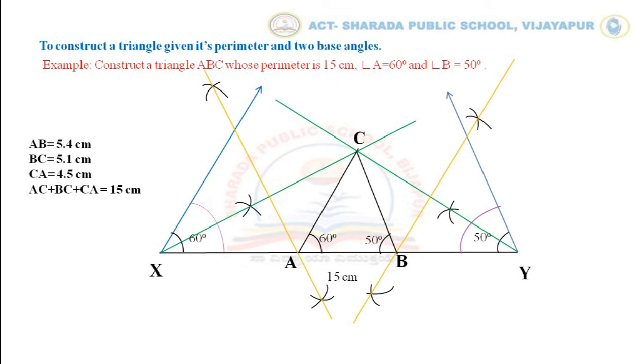In this way, we can construct a triangle given its perimeter and the two base angles. Here, XA is equal to AC and BY is equal to BC. That's why the total of all the three sides is equal to 15 centimeters.